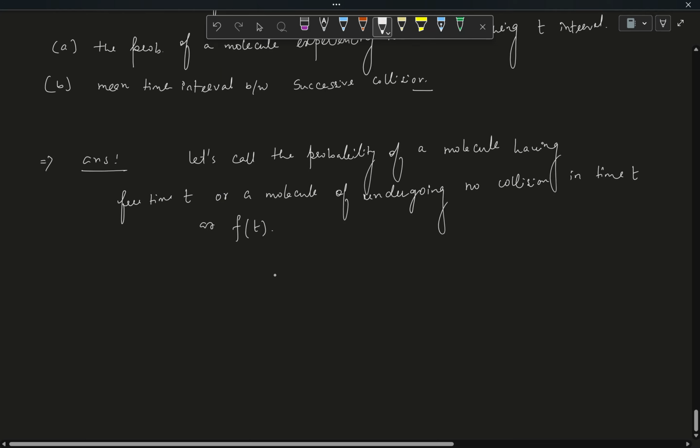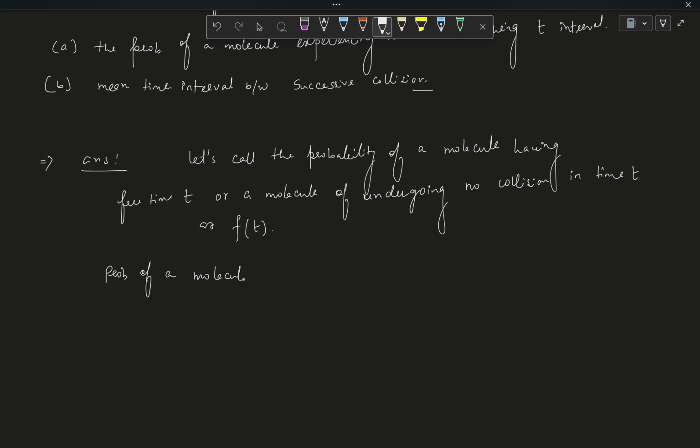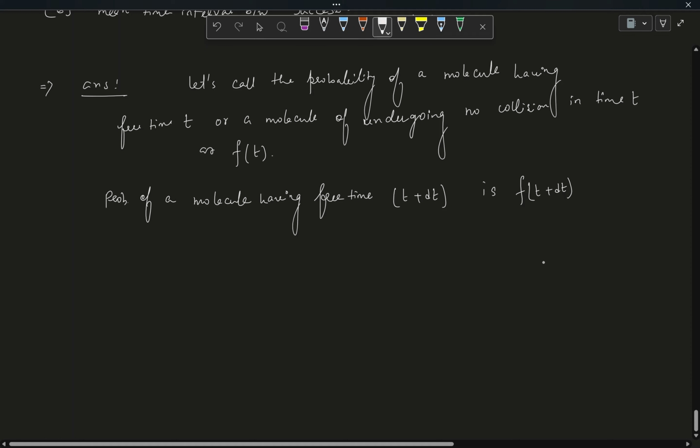So if it is a function of t, then we can also say that the probability of a molecule having a free time of t plus dt is f of t plus dt.